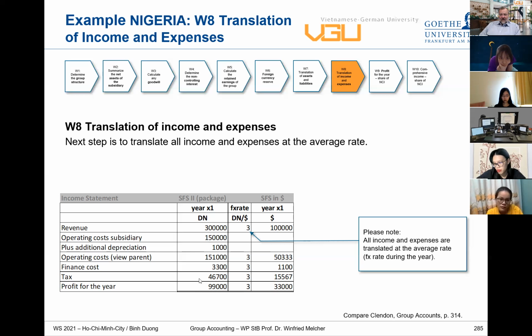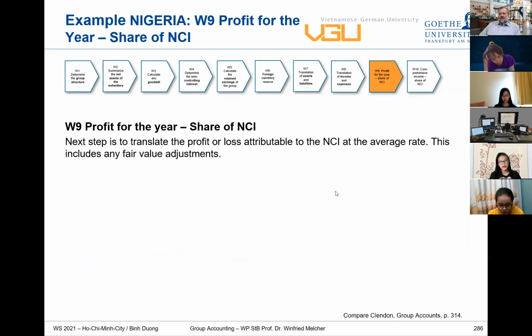And the profit for the year is 100,000 minus 1,000 additional depreciation equals 99,000. Divided by 3 is a dollar amount of 33,000. That's straightforward, huh? No big problems, I guess.